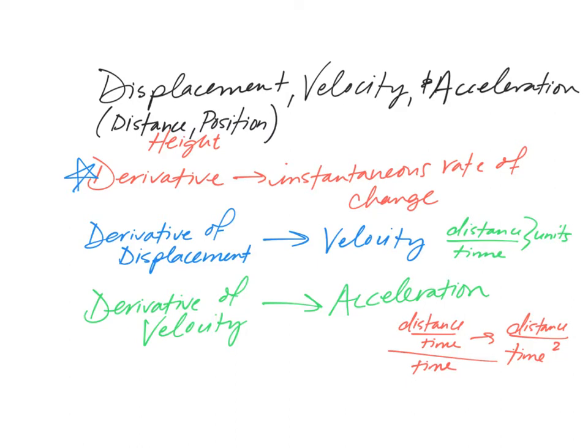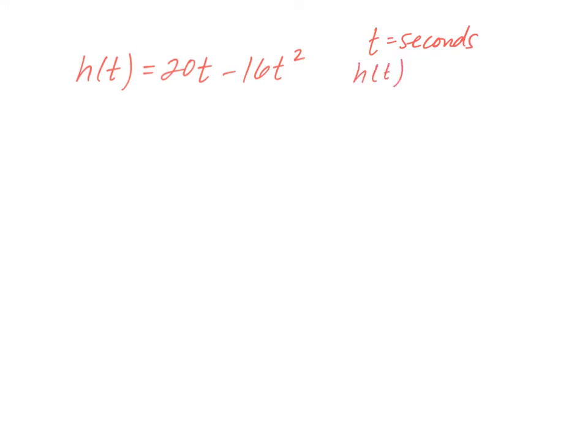Now, let's look at this in context. So let's say you're throwing a tennis ball up in the air, and the height of the ball can be modeled by the function h of t is equal to 20t minus 16t squared. Let's say we have t is in seconds, and h of t is in feet.